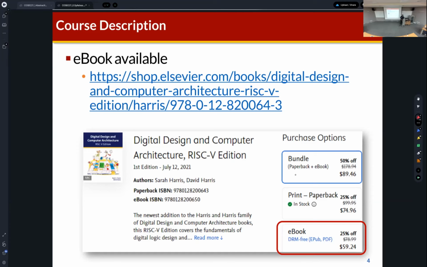As I mentioned, I'm not related to this publisher, but I recommend you purchase this book, and I strongly recommend you read the contents in this textbook. It's very important.